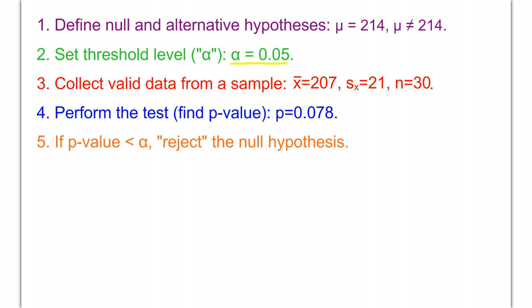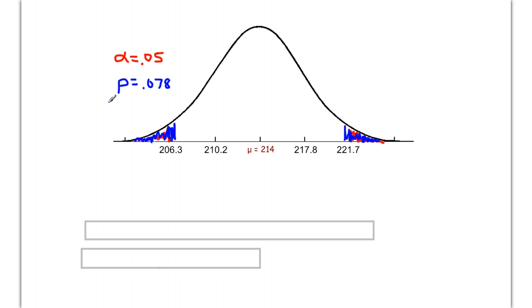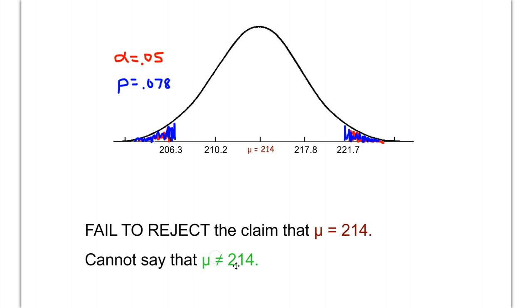That means that we do not have enough evidence to say that the null hypothesis is false. We compare those two, and all that we're saying is that we don't have enough evidence. We can't make the claim that mu is truly not equal to 214.